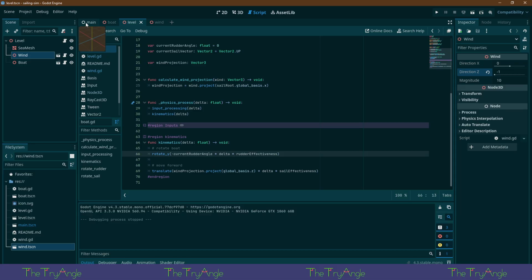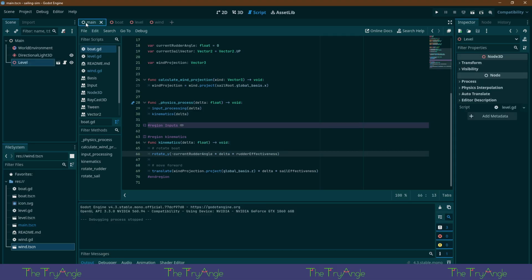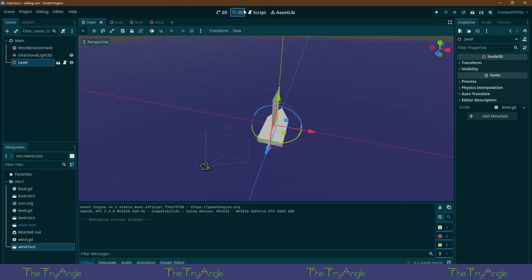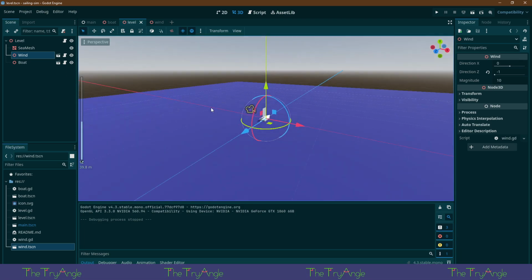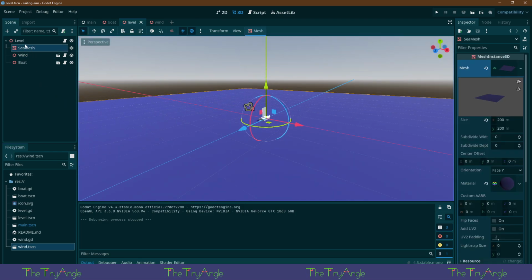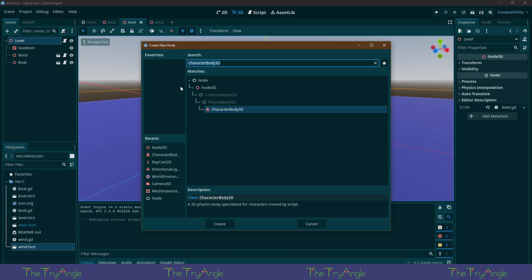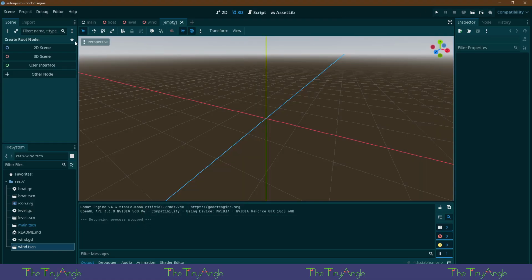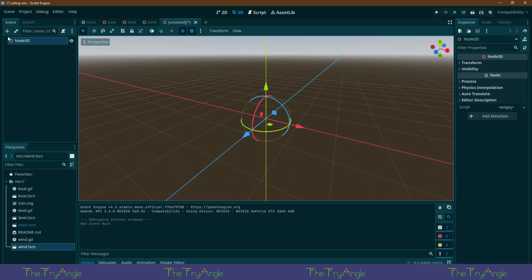Let's think here. How can I put it in the level? All right. I'm just gonna put a bunch of... We should make a new asset. And we're just gonna call it buoy.